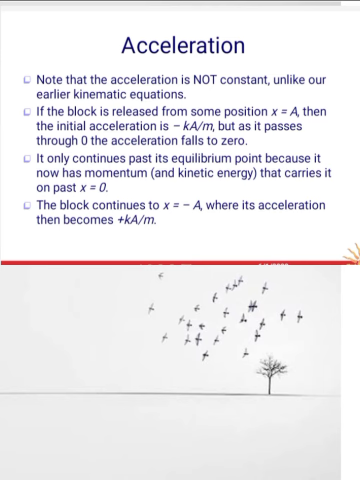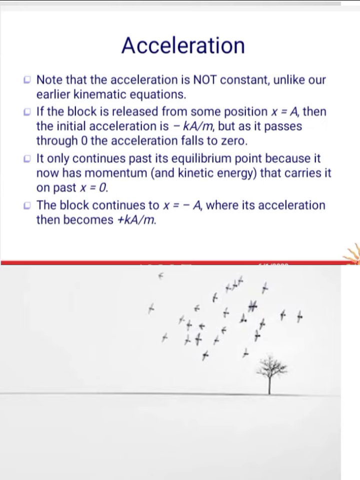Point 1. Note that the acceleration is not constant, unlike our earlier kinematic equations. Point 2. If the block is released from some position x equals A, then the initial acceleration is minus kA over m. Point 3. But as it approaches 0, the acceleration falls to 0.